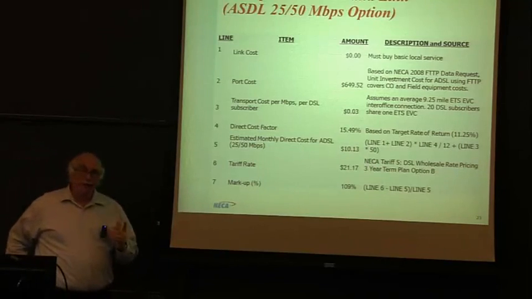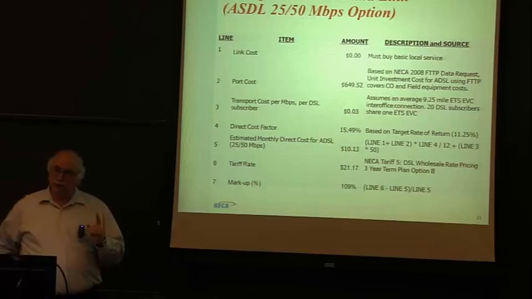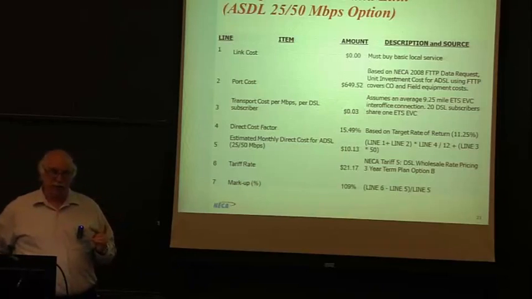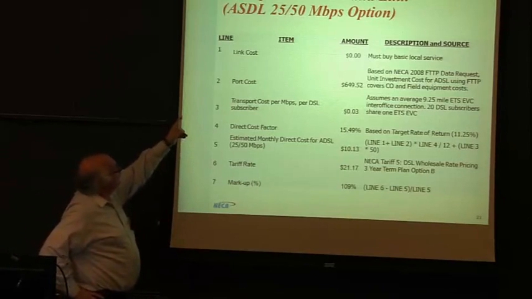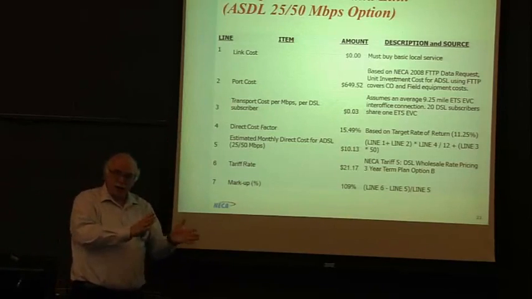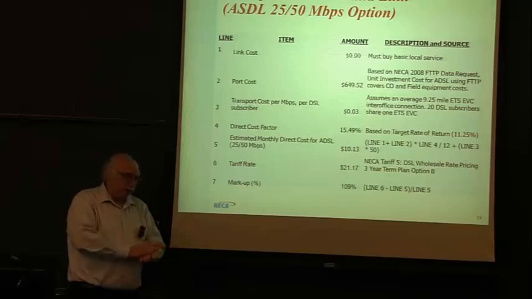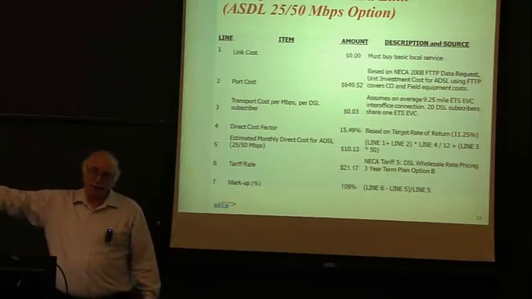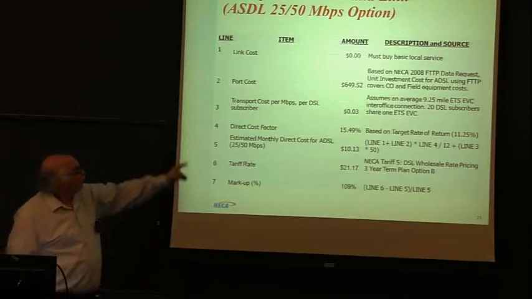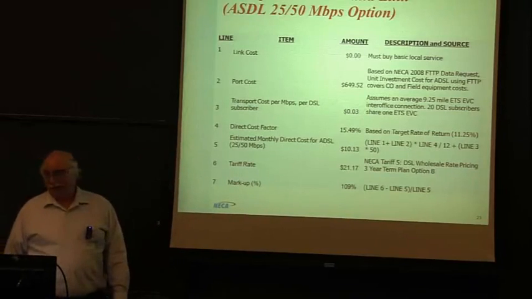To provide this type of service, you need to have fiber to the home, basically. Not necessarily, but in general. Now look at this. There's a line cost from the customer's premises back to, let's say, the telephone company's office. Now, if you notice, I have a $0 there.